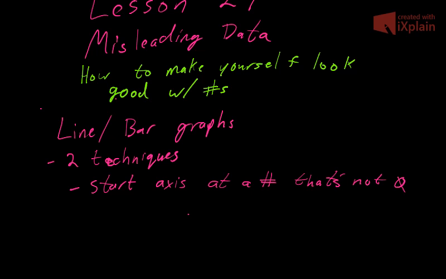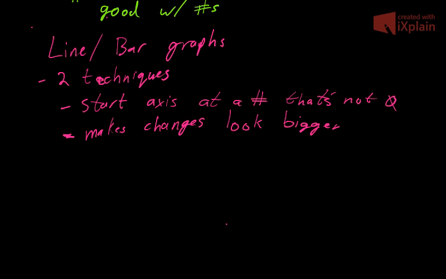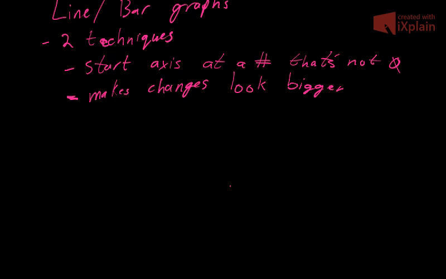And what that does is this will make changes in our data look bigger. So if you're trying to show that something's changed, you want to start your axis at a number that's not 0. Also, if someone else does it, you should probably be a little bit wary about any changes you see.